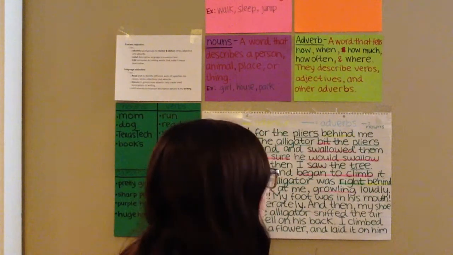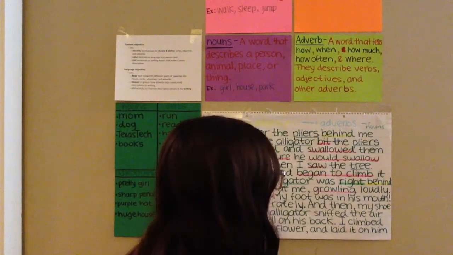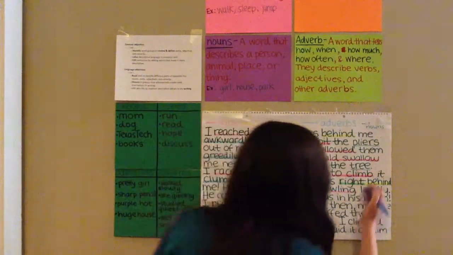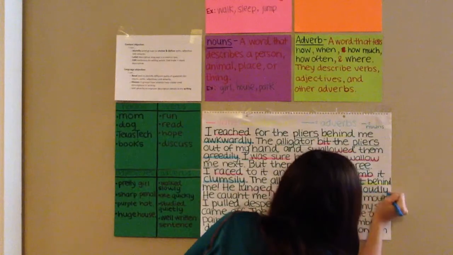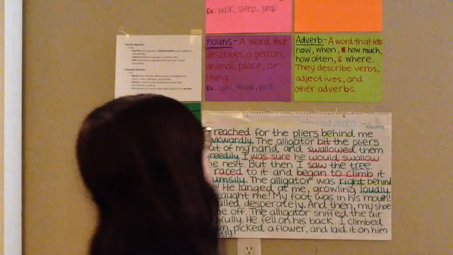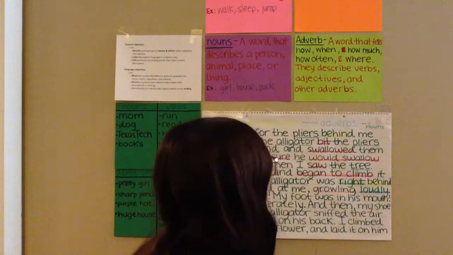What about adverbs? Do you see an adverb that is modifying one of these two verbs? Good. I heard people saying loudly, and loudly is an adverb. So go ahead and underline with me. Loudly as an adverb. Okay, so what word is being modified by loudly?